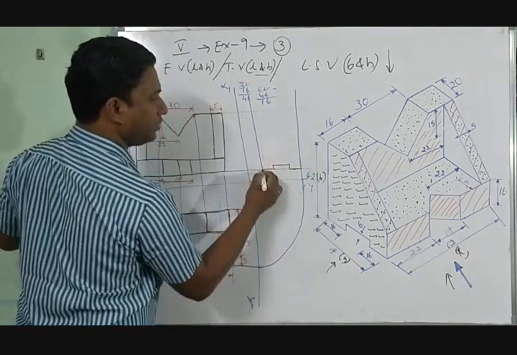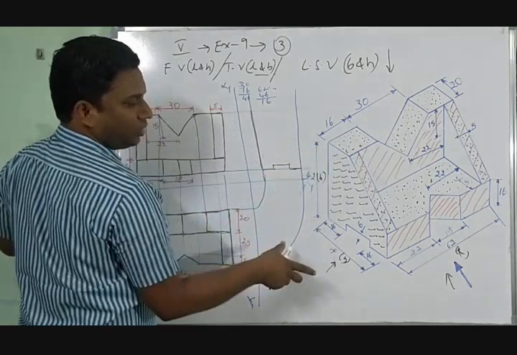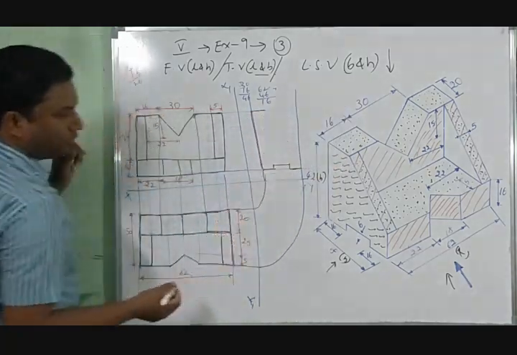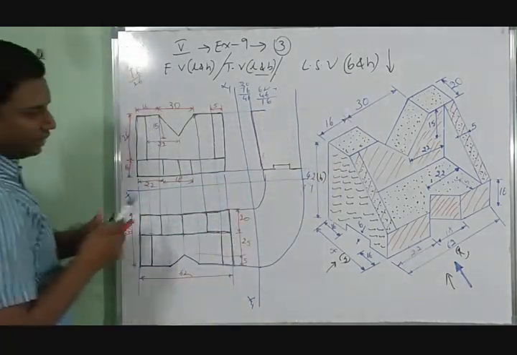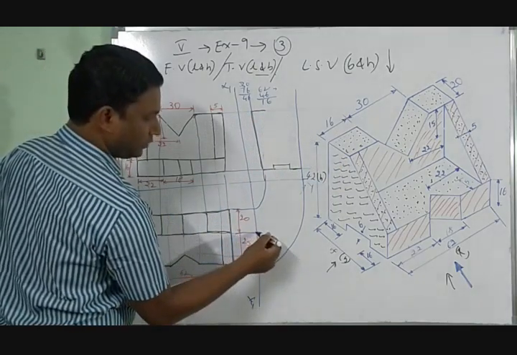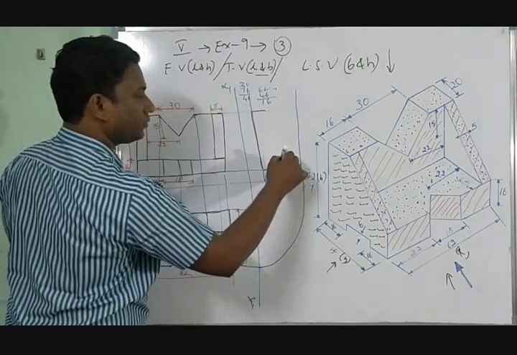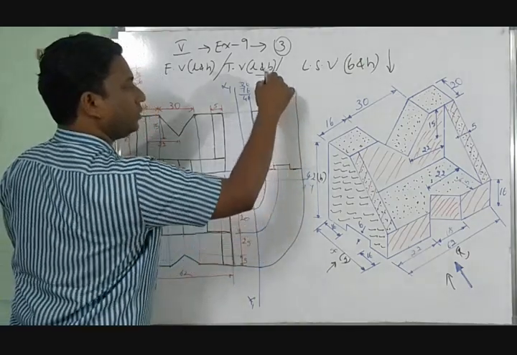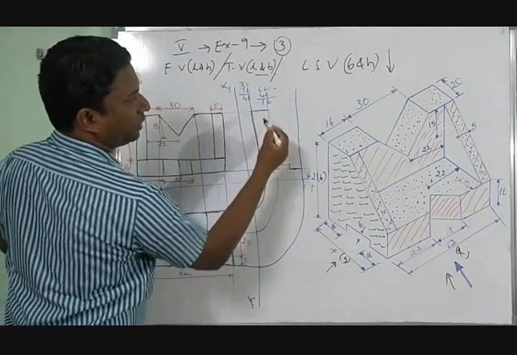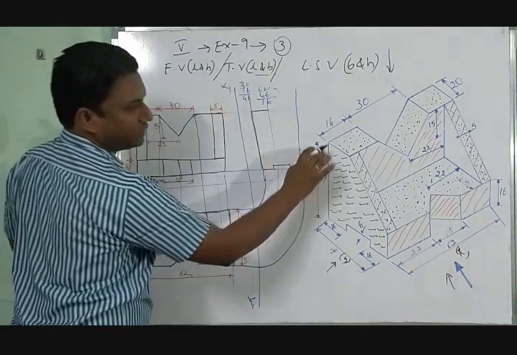Now total height here. Now coming to height after this breadth, here it's breadth, coming to the parallel it is 20. Now that 20 you can cross verify it from here. Up to here 20.